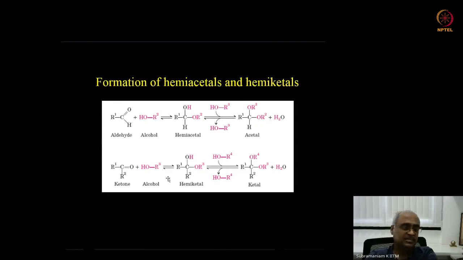Similarly, a ketone with an alcohol can form a hemiketal, and a ketal when it reacts with the alcohol group of another molecule, a hydroxyl group from another sugar. So this reaction is very critical because it is the basis for the ring structure formation.